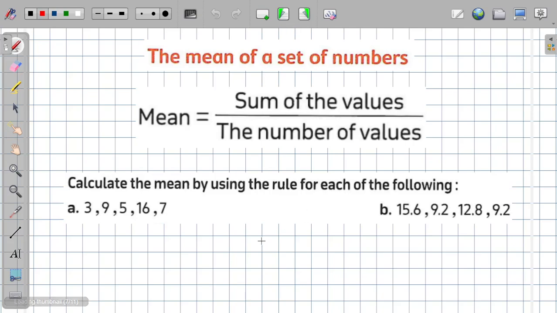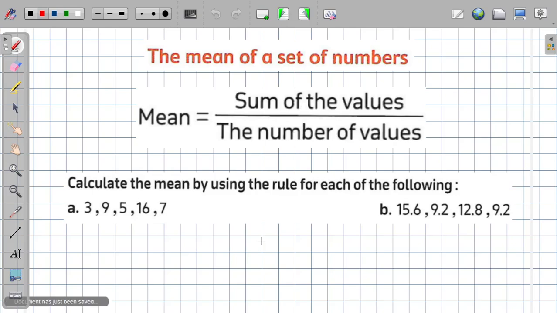The second way to find the mean of a data set, or a set of numbers, is to find the mean by the rule of the mean. And the rule of the mean is to divide the sum of all values over the number of these values.